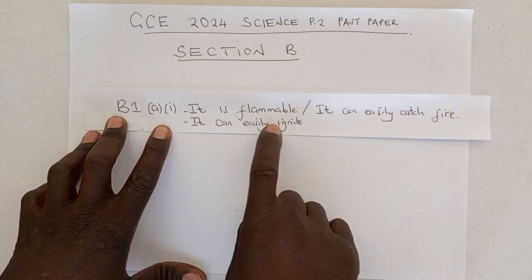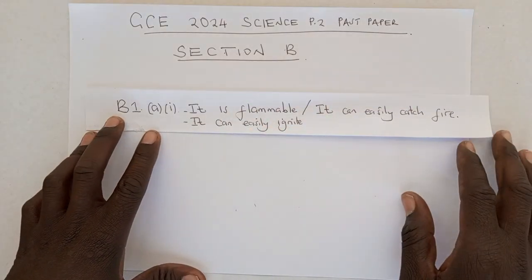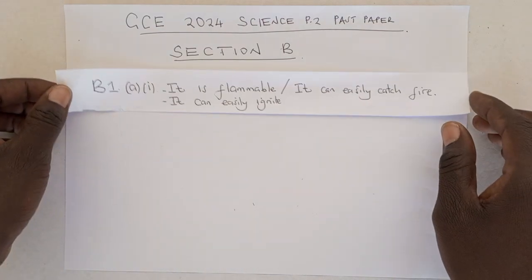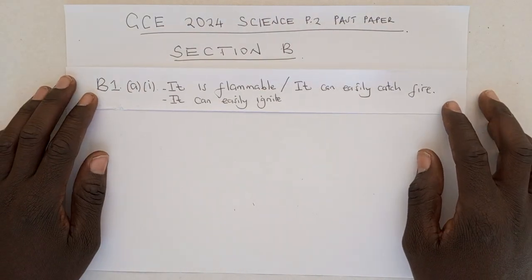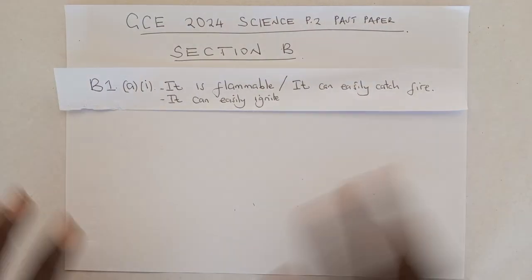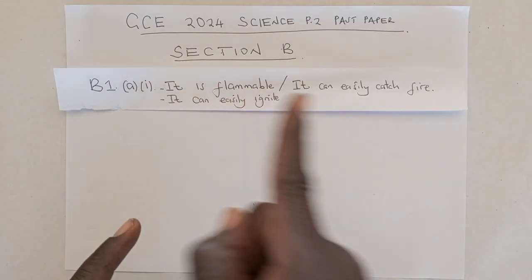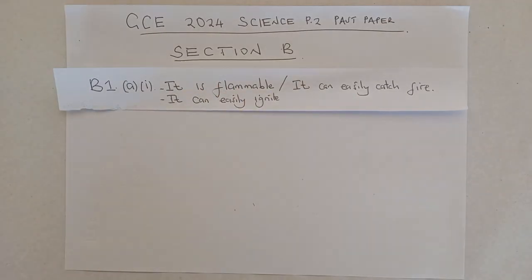So any of these can award you a mark if you put it as an answer. So any of 1, 2, 3 is very correct to that question. So the answer is: it is flammable, or it can easily catch fire, or possibly it can easily ignite. Any of those is the correct answer.